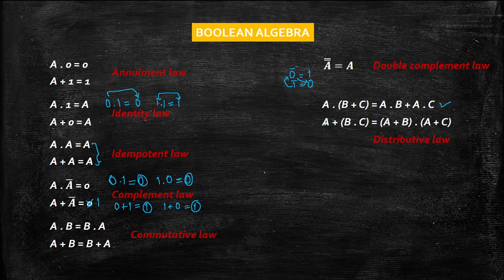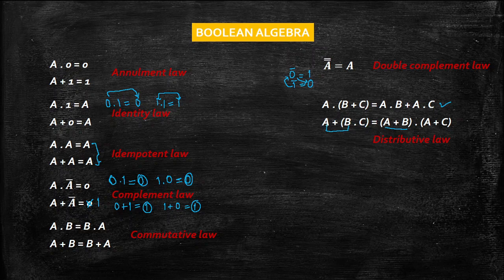The second law: A plus B dot C. Remember, in some cases there won't be this dot; it will be simply BC. You just have to remember that BC in digital electronics means B dot C. So when A plus B dot C is there, take a look at the output. What I have done is (A plus B) written in one bracket, and the sign between the two is dot, then (A plus C).